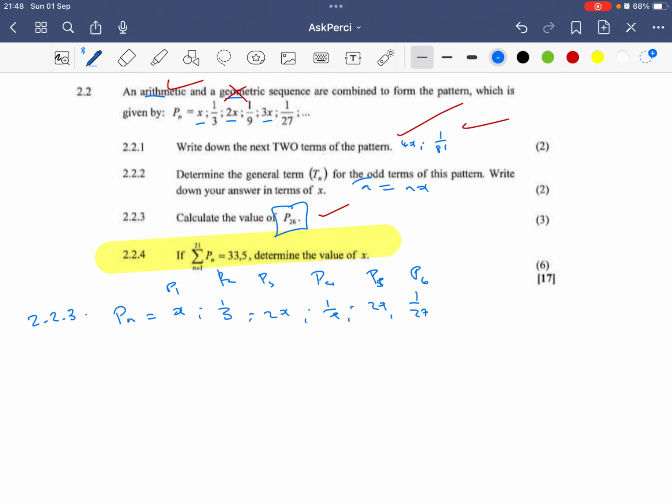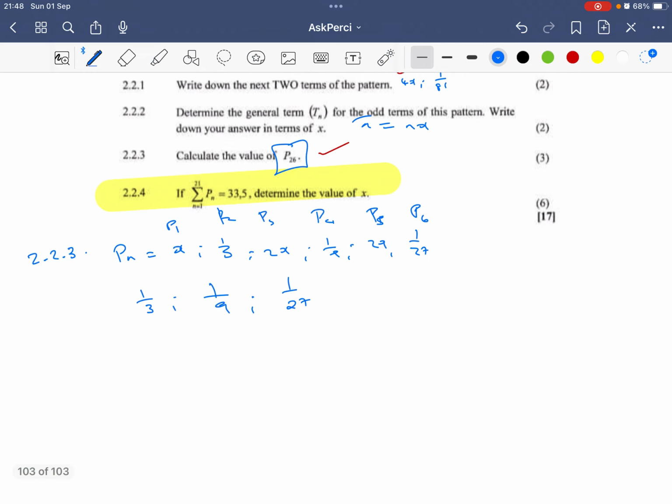So they're looking at the even terms or the even sequence. And the even sequence is 1 over 3, 1 over 9, 1 over 27, which, by the way, we have said is 1 over 3, 1 over 3 power 2, 1 over 3 power 3, 1 over 3 power 4.